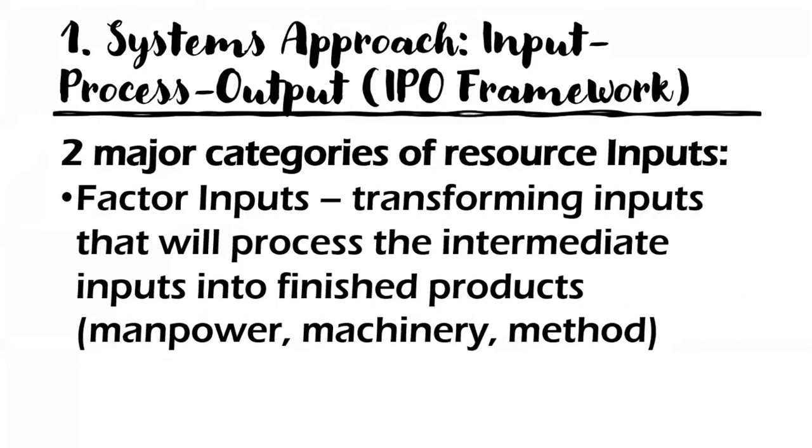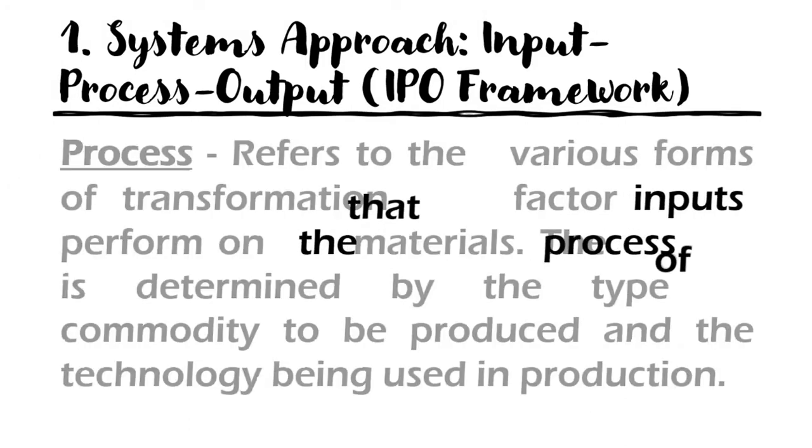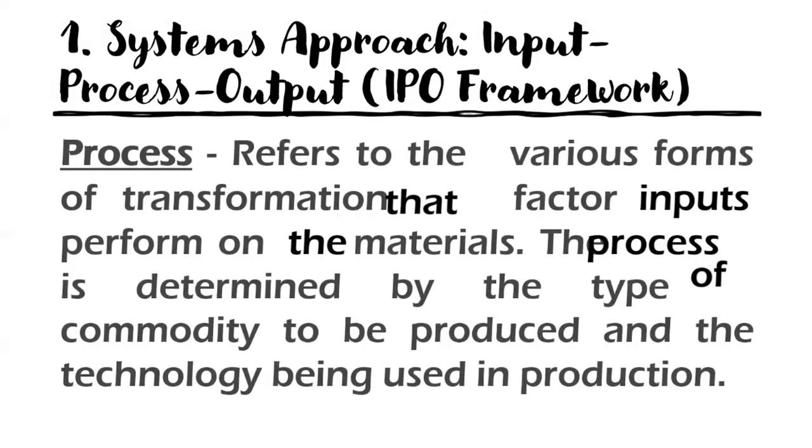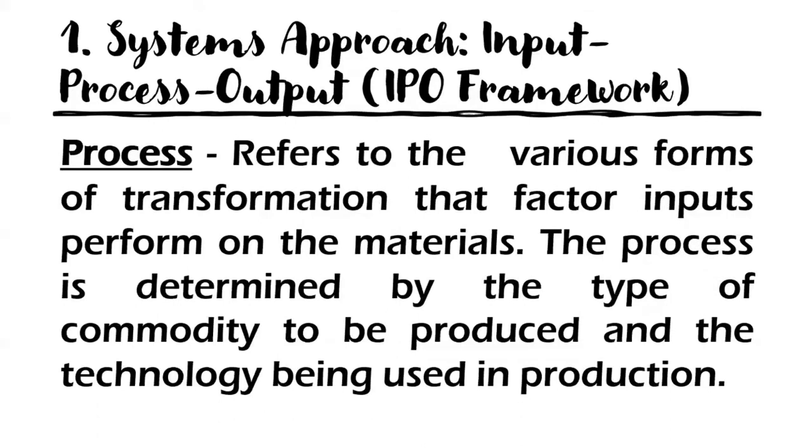Now, let's proceed with the letter P, or the process for the systems approach. So process refers to the various forms of transformation that factor inputs perform on the materials. The process is determined by the type of commodity to be produced and technology being used in production.